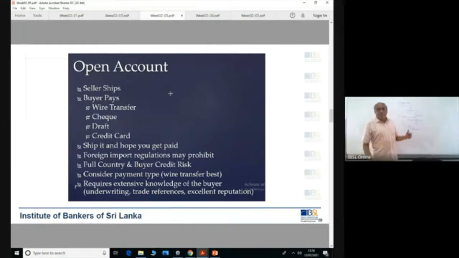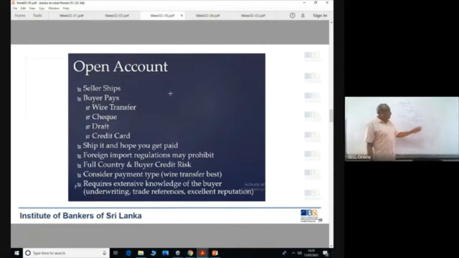Right? So they have to have extensive knowledge about the buyer. Underwriting, trade references, excellent reputation. They have to get trade references from the buyer's banks or some other bank in the buyer's country. They have to get those things.